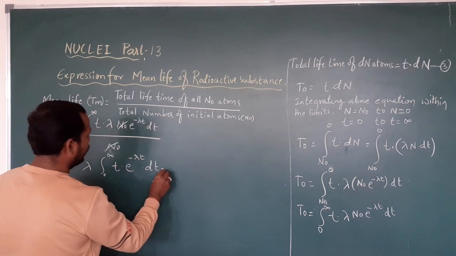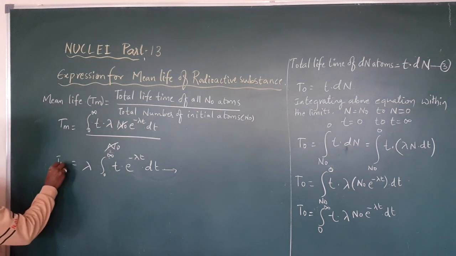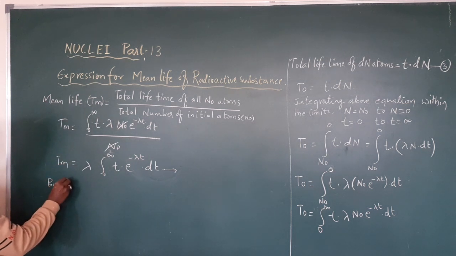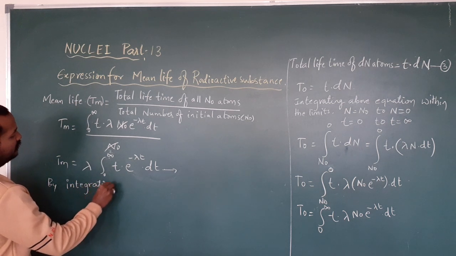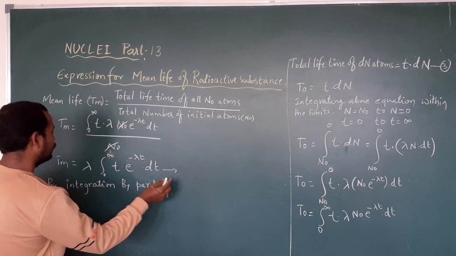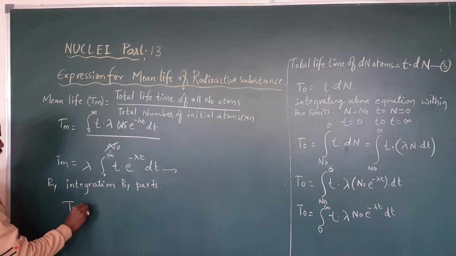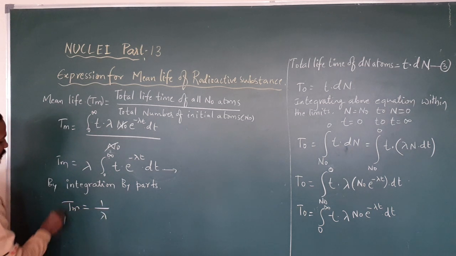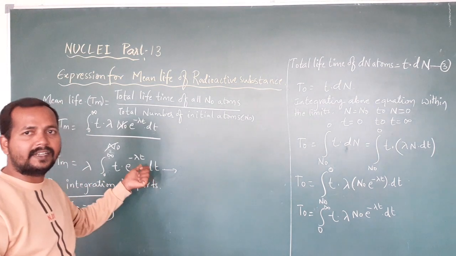So this expression is solved by integration by parts. By integration by parts, we get Tm is equal to 1 by lambda. It is not necessary to solve these things by integration by parts here.